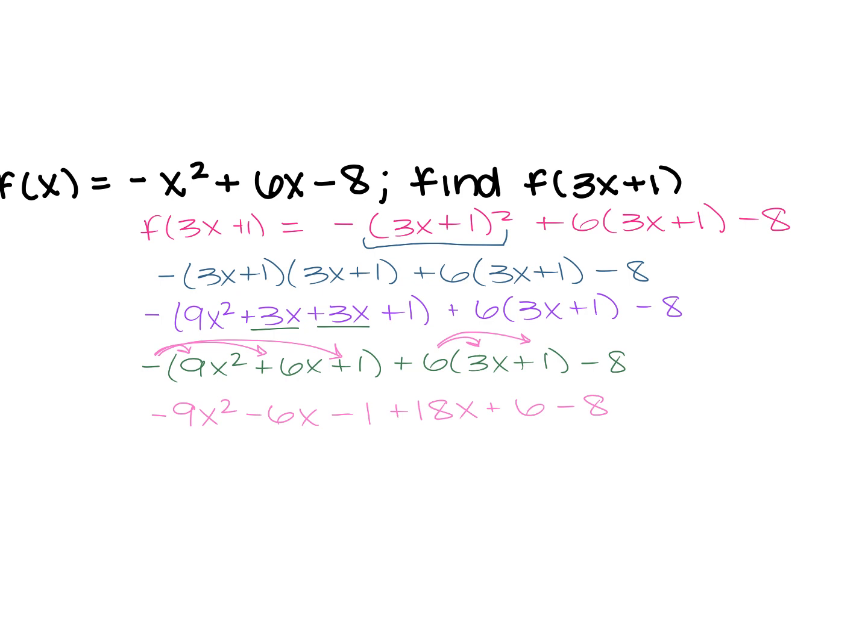From here, you're going to combine like terms. That negative 9x squared does not match with another x squared, so drop it down. Next, you have negative 6x plus 18x, which is positive 12x. Lastly, you have minus 1 plus 6, which is 5. Minus 8 is negative 3.